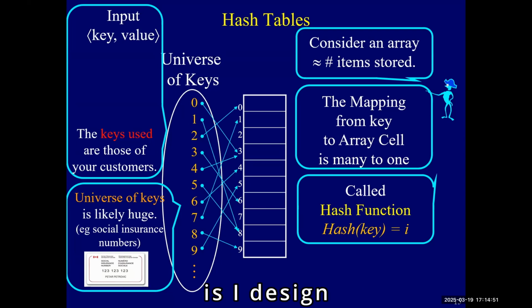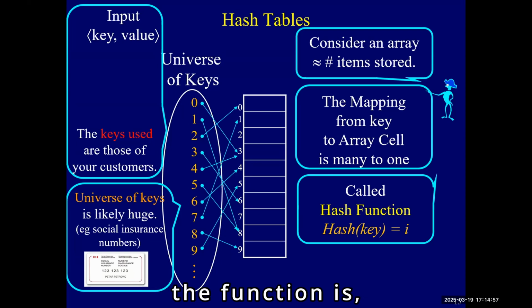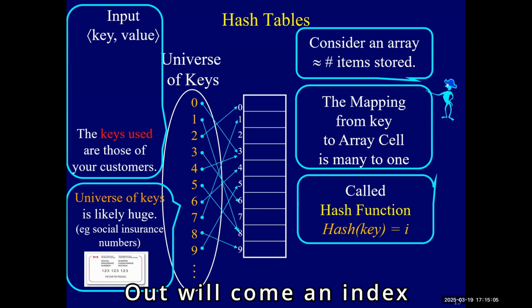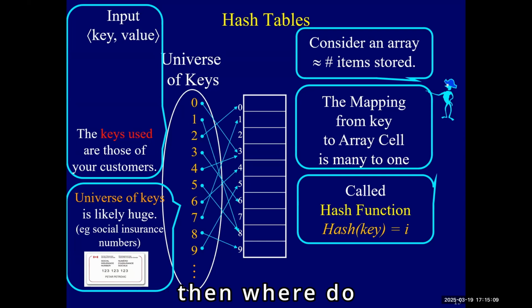So what I do is I design a random hash function. And I tell you what the function is. You put in your student number, and out will come a key, right? Out will come an index. And that will tell you where you find it in the list, right?